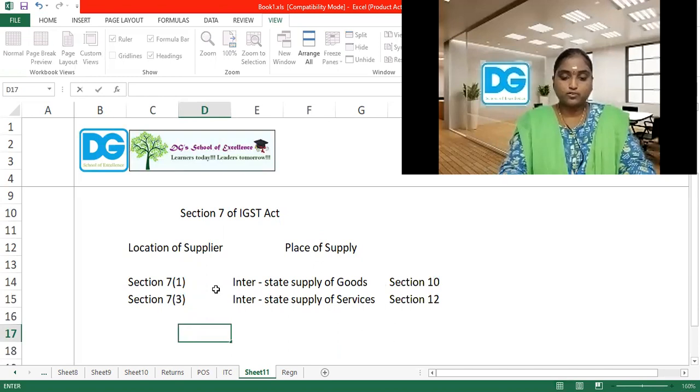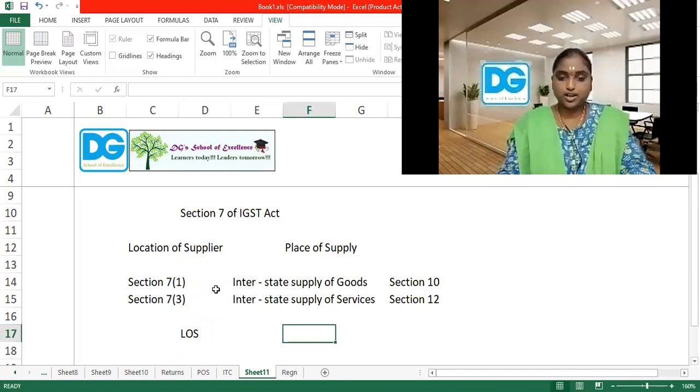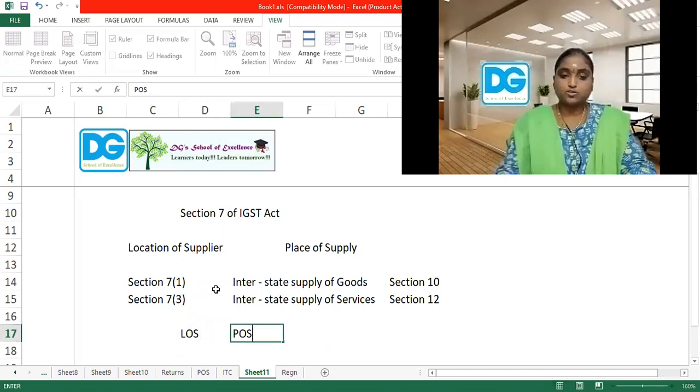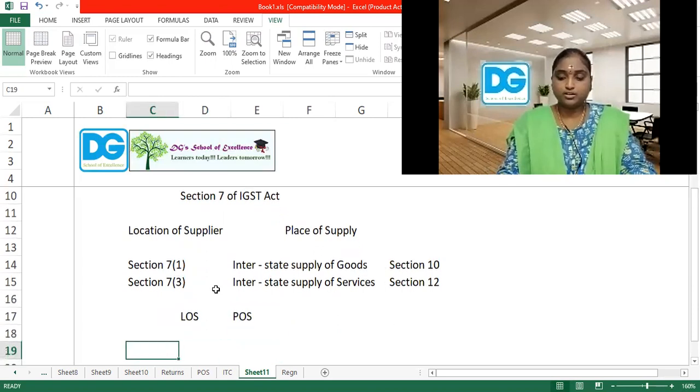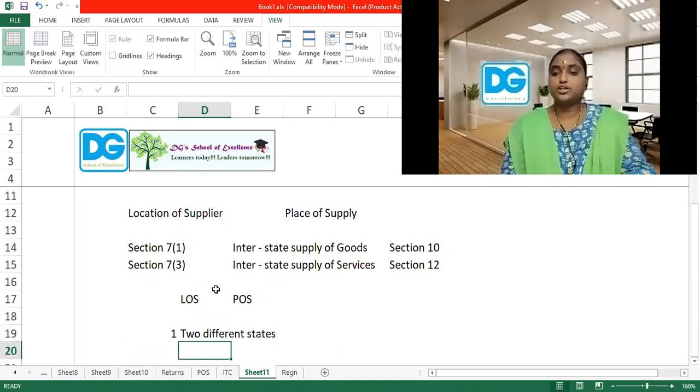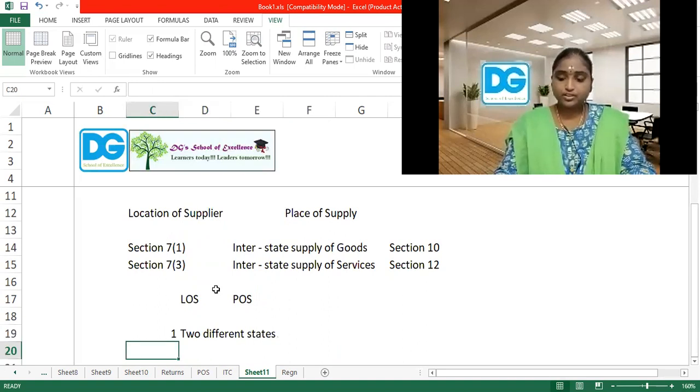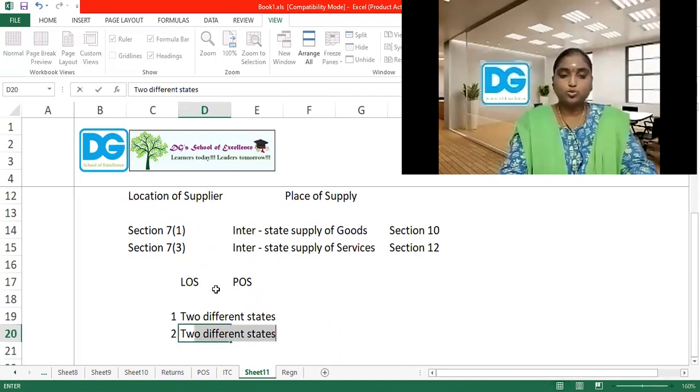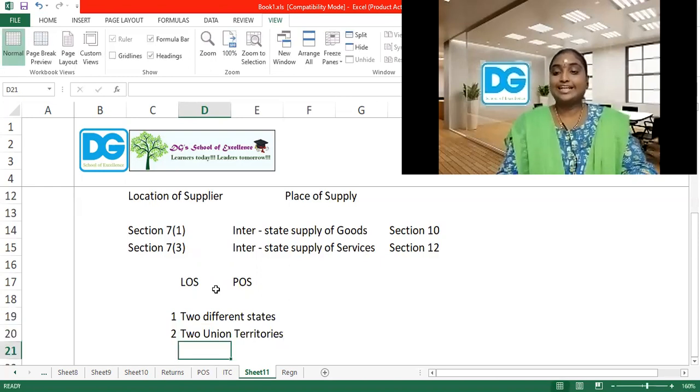Having known this, when is it said to be an interstate supply? When the location of supplier and place of supply are in two different states, they are said to be interstate supply. Second, in two different union territories, it is said to be an interstate supply.